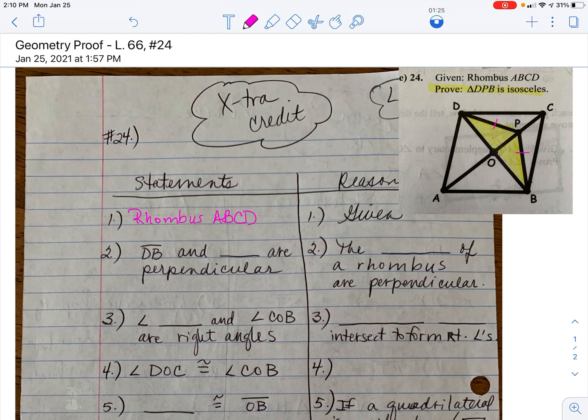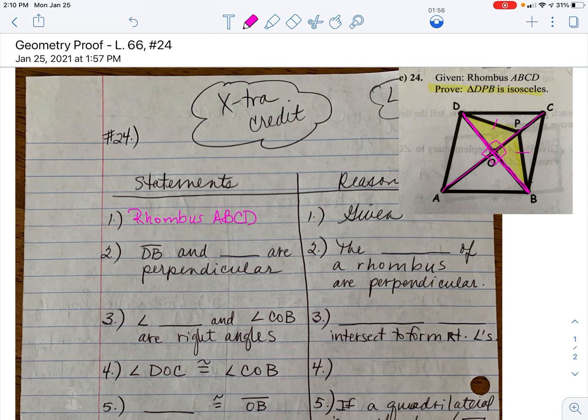We know that the diagonals in a rhombus, these two right here, I'm going to draw them in pink. This line that's intersecting this line does a couple of different things. In a rhombus, where it intersects, it creates four right angles. They're perpendicular lines. So that's one thing we know. The other thing we know is that in a rhombus, a diagonal, when it comes into a vertex, like down here, coming from D over to B, it bisects those angles.